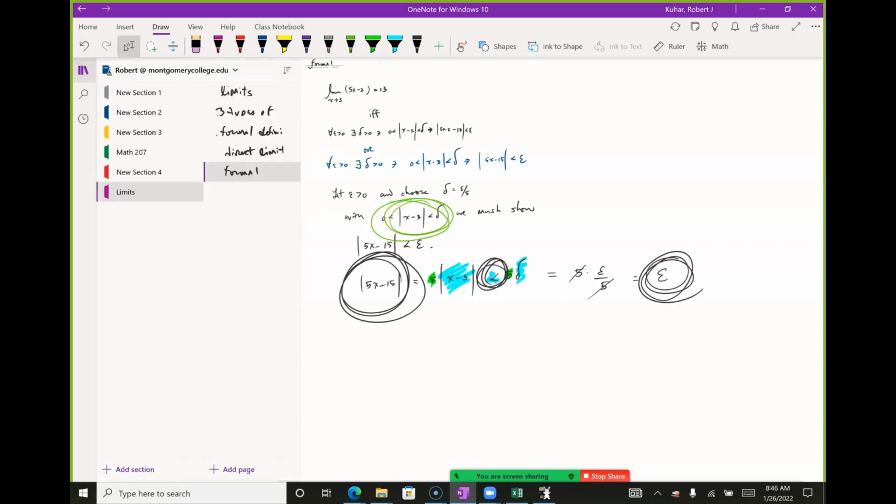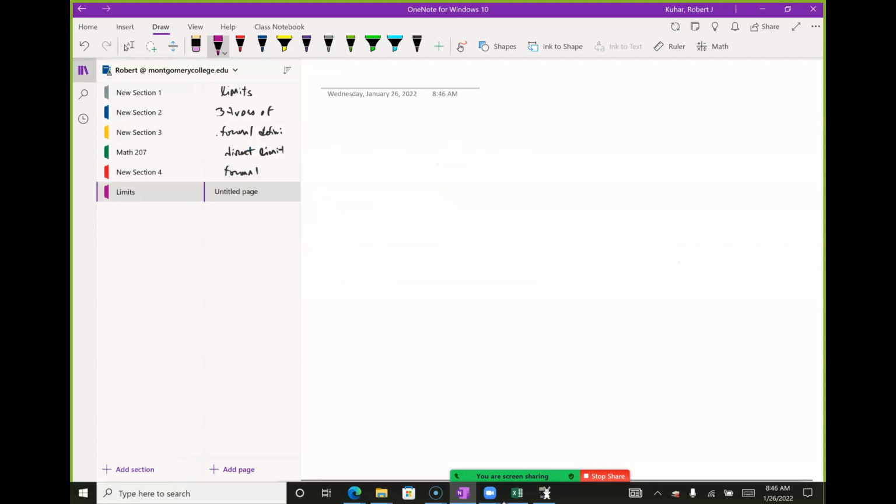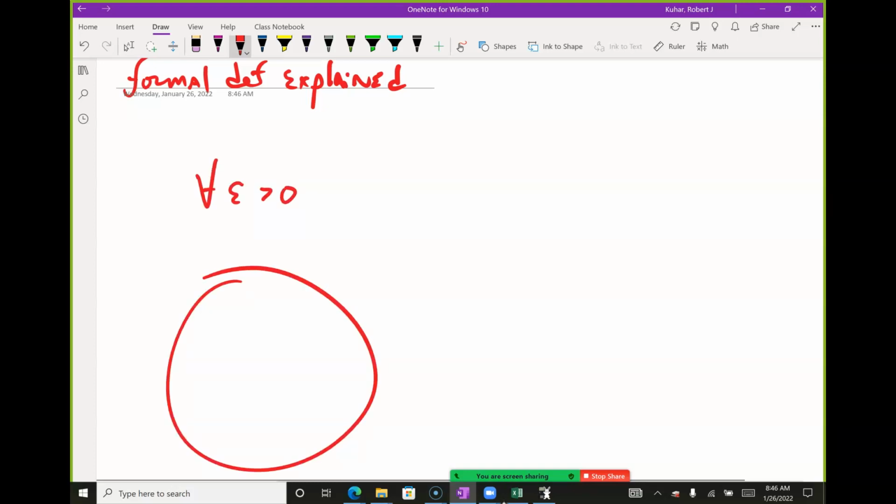So, formal definition explained. Just because I explained it doesn't mean you'll get it, but I want you to have the thought, right? For every epsilon greater than 0, that's going to be a dartboard or a target, that big white target out in the distance with a radius of epsilon.